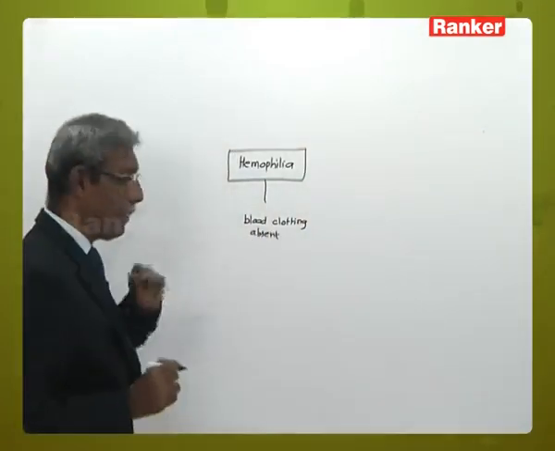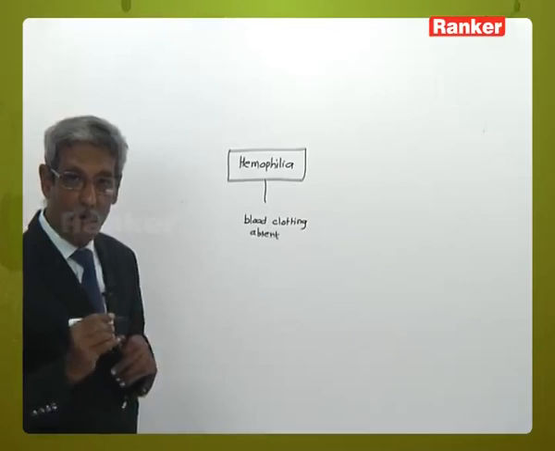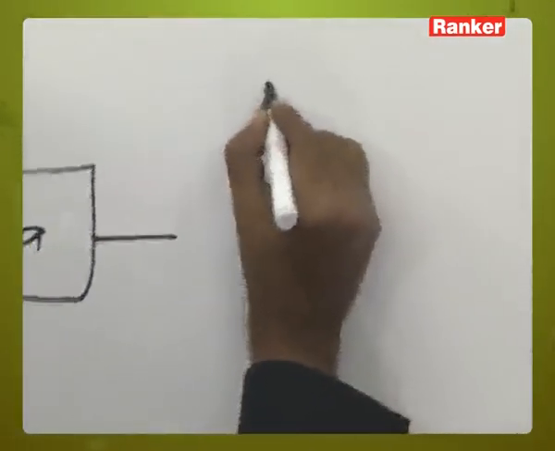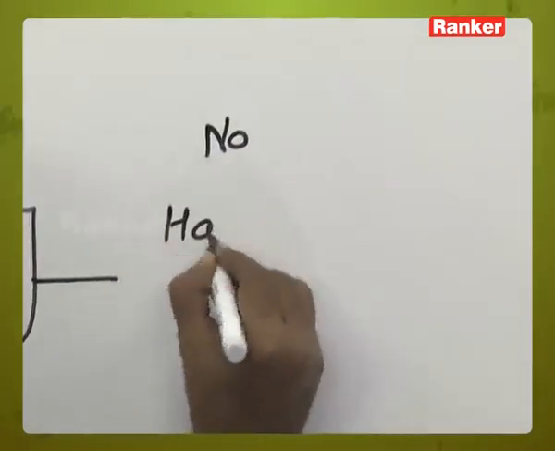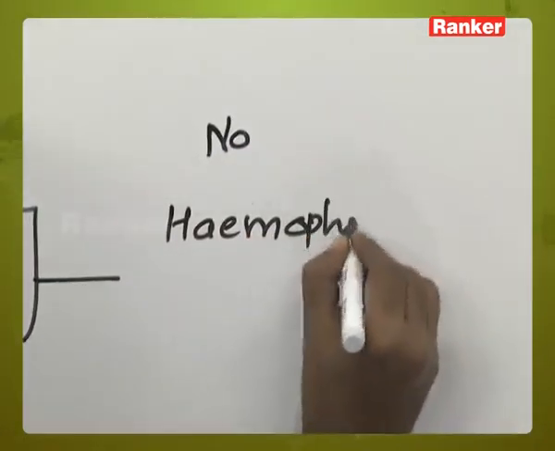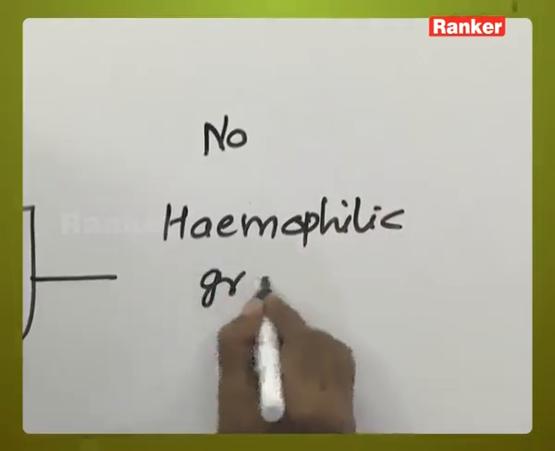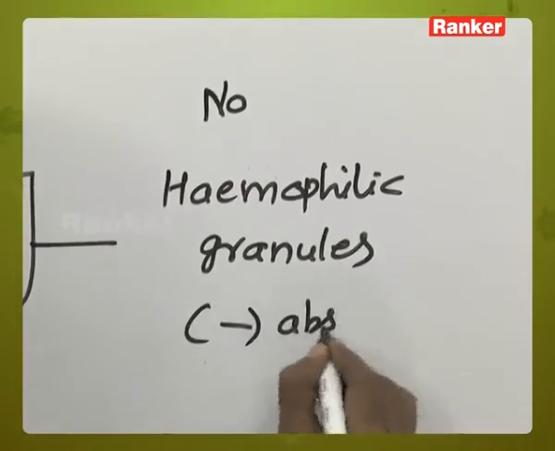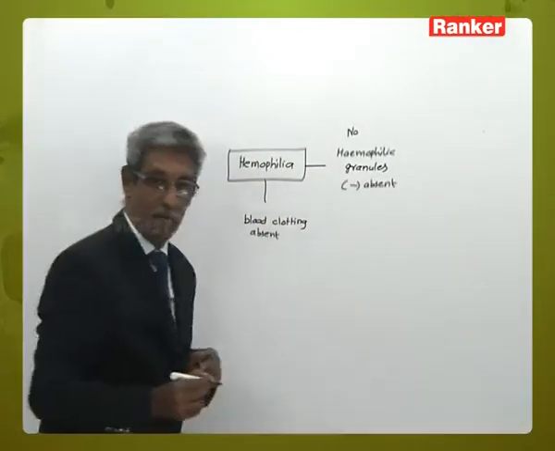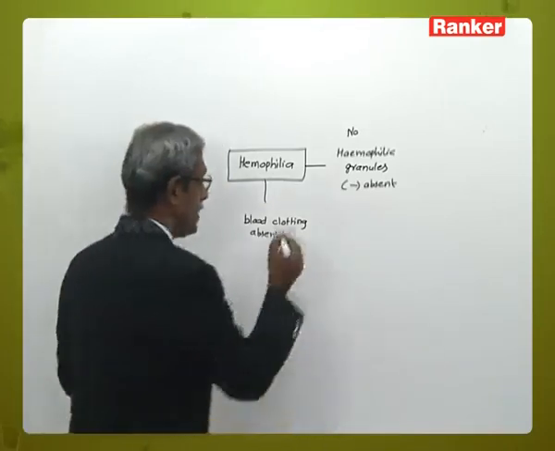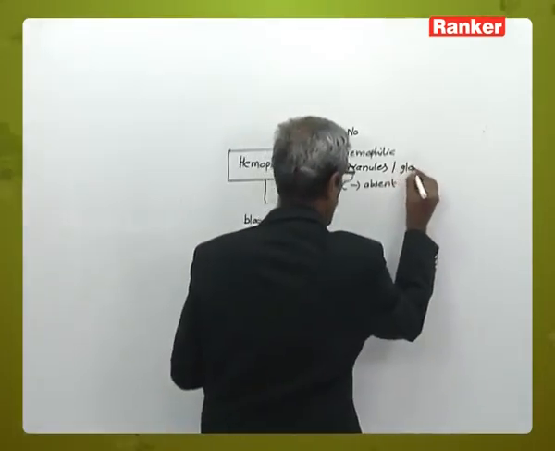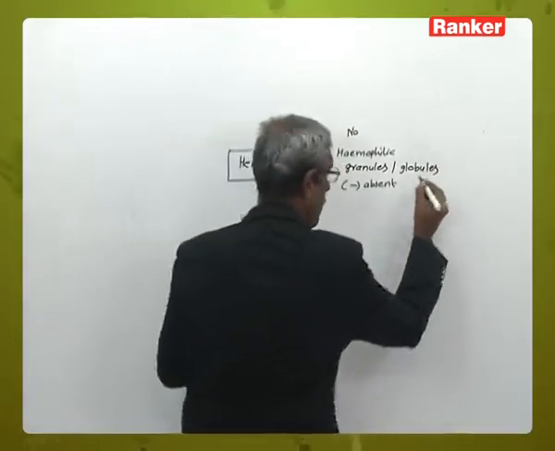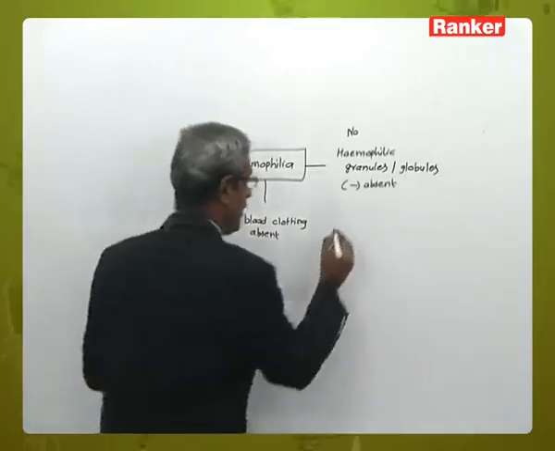The reason why blood clotting is absent is the absence of anti-hemophilic granules. The hemophilic granules or globules are absent. These are popularly termed factor 8.